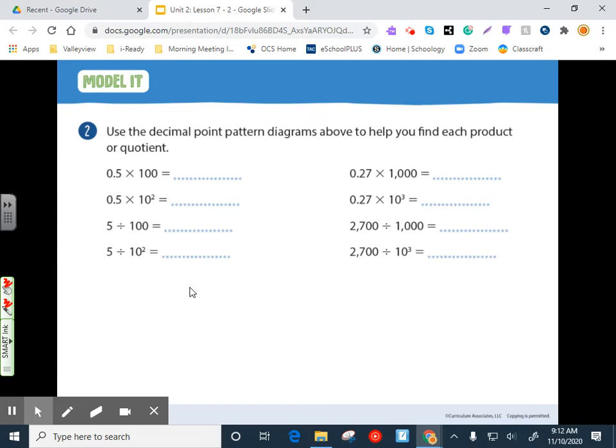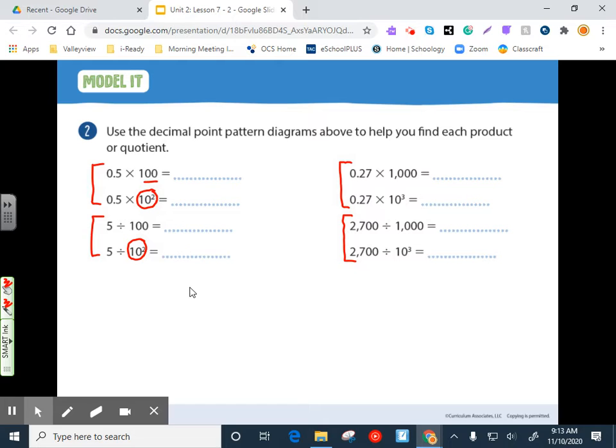Okay, so use the decimal point pattern diagrams above to help you find each product. So here's how this works. These are all grouped together, as in it shows you two different ways to look at it. Because I know 10 to the second power is actually worth 100. So that's why they use that there.